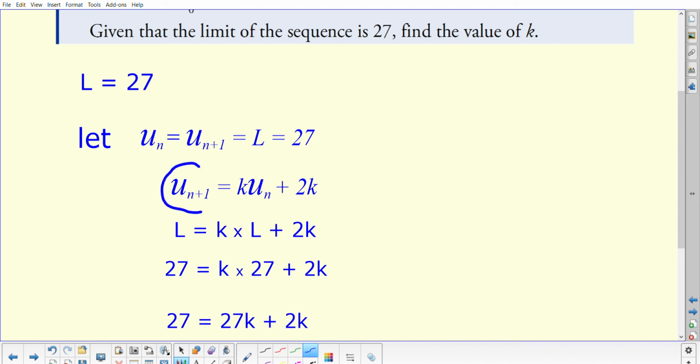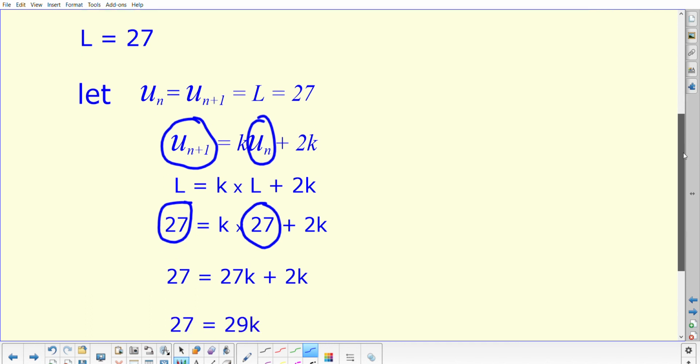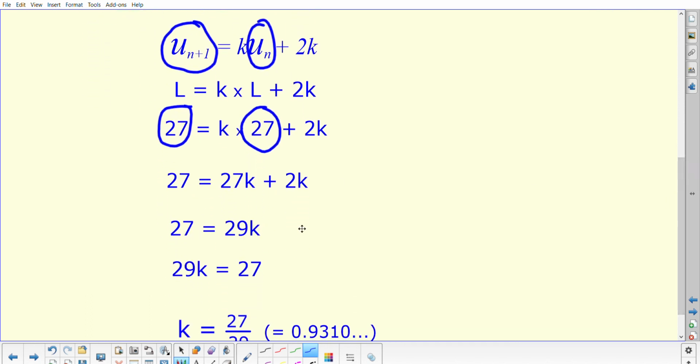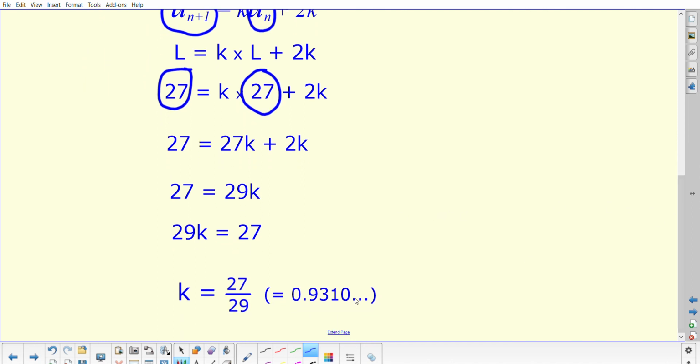So these are the terms that become our limit, so they're getting replaced with a 27. That gives you a little equation with k in it, and we basically go on and solve it for k, and you get a numerical value. So that just demonstrates that slightly different type of question.